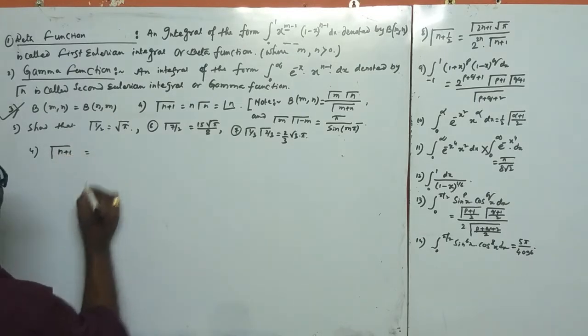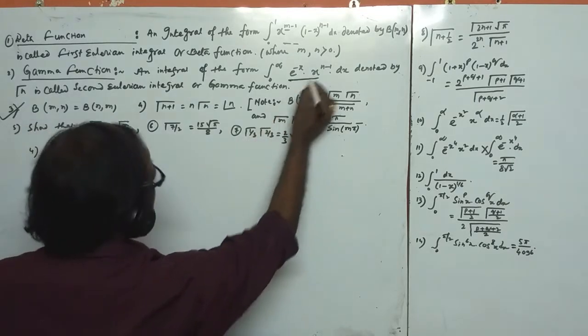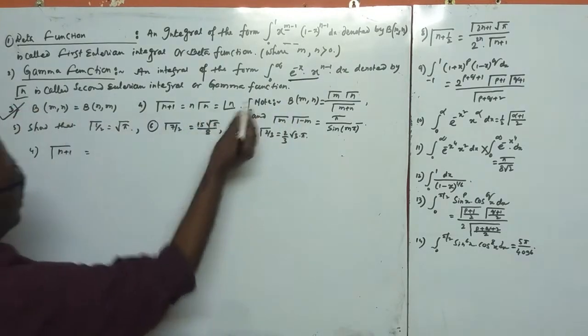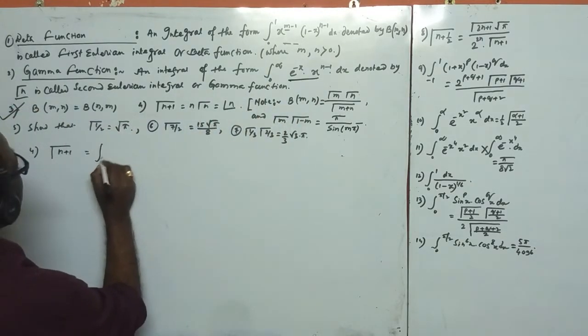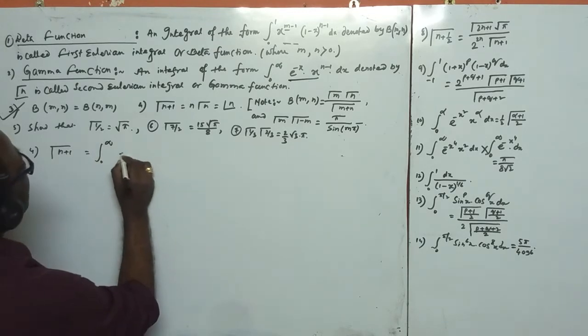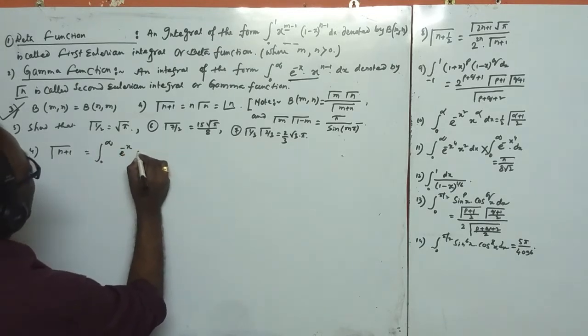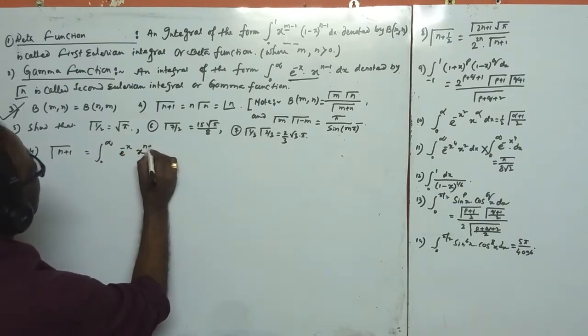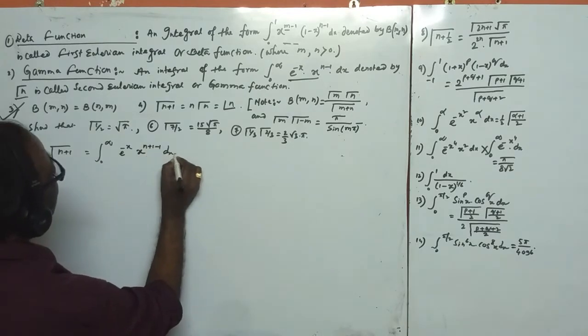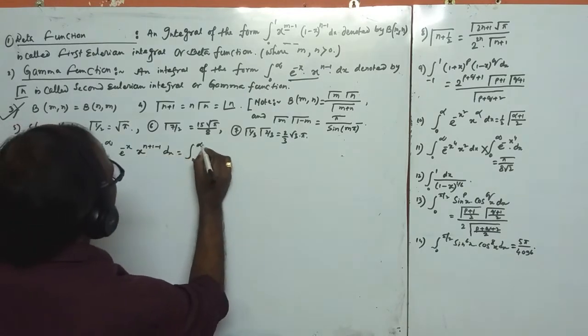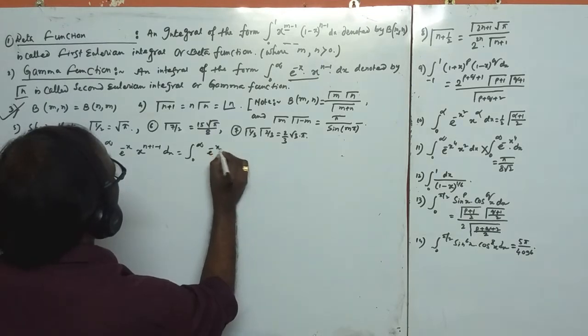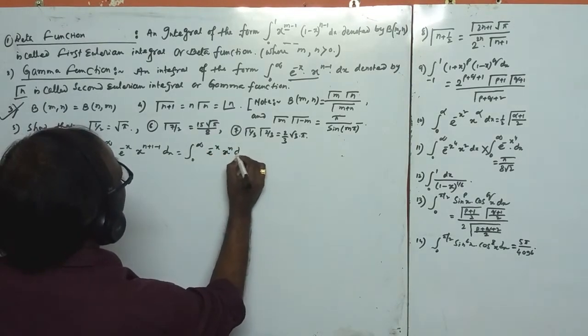From the definition of gamma, gamma(n plus 1) is the integral from 0 to infinity of e to the power minus x, x to the power n plus 1 minus 1 dx, and that is equal to the integral from 0 to infinity of e to the power minus x, x to the power n dx.